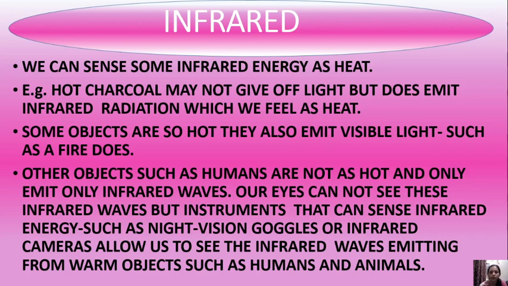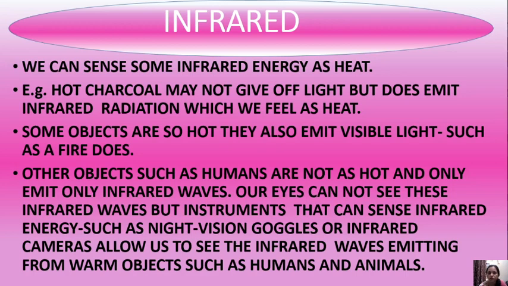Now there are some points related to infrared. First is, we can sense some infrared energy as heat. This infrared is barely visible, but we can sense some infrared energy as heat. For example, hot charcoal. Hot charcoal may not give off light but does emit infrared radiation which we feel as heat.